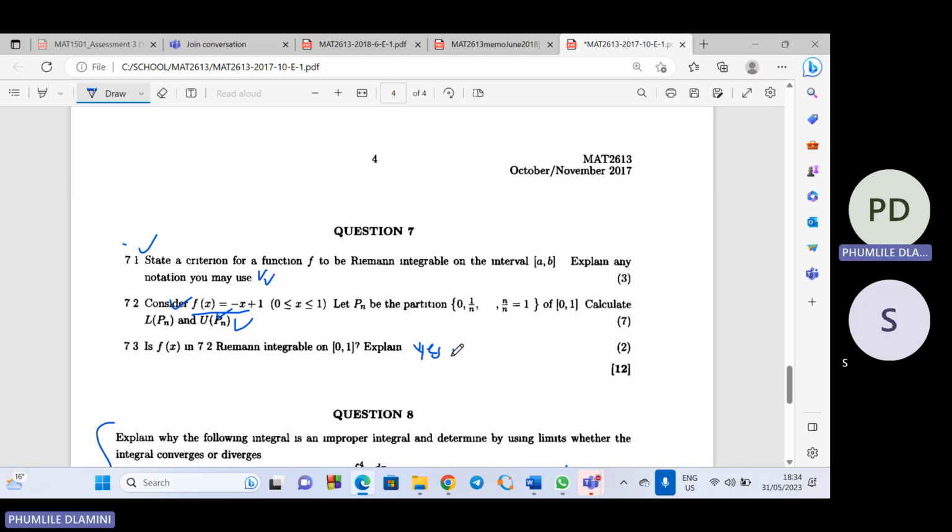After that, when you say yes, the limit when n approaches infinity of U of Pn equals the limit when n approaches infinity of L of Pn, which equals 1 over 2. That's what is needed.